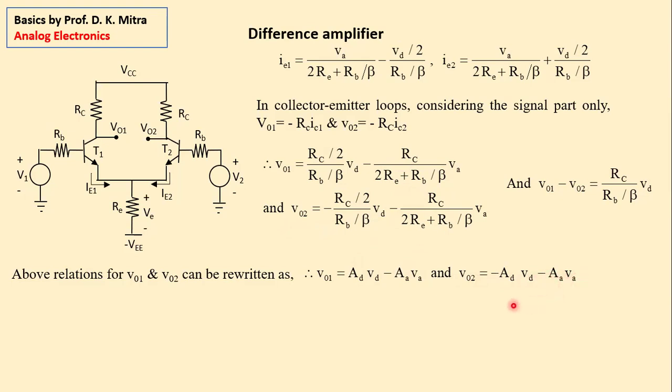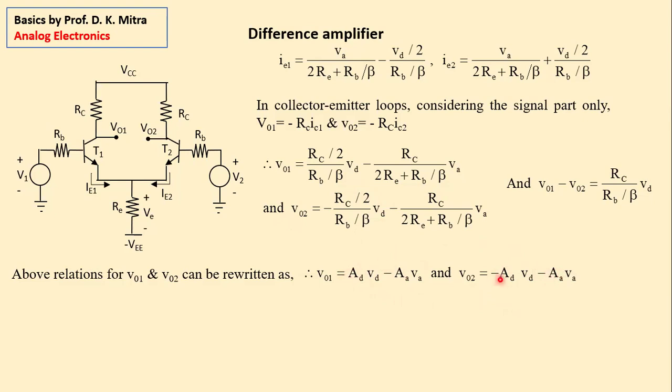Now, you may ask why suddenly we take this decision. If you look at this equation, it shows you that VO1 is some multiplication factor multiplied by the difference voltage minus another multiplication factor multiplied by the additive voltage VA. And VO2 is the same multiplication factor AD with the negative sign into difference voltage and minus AA VA.